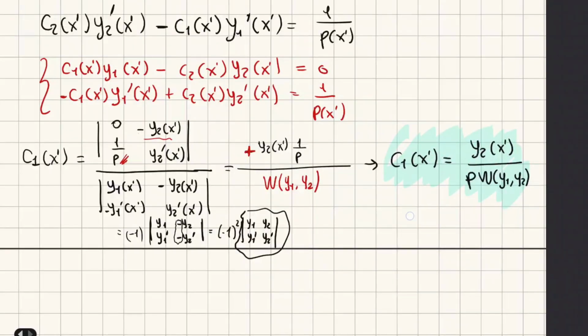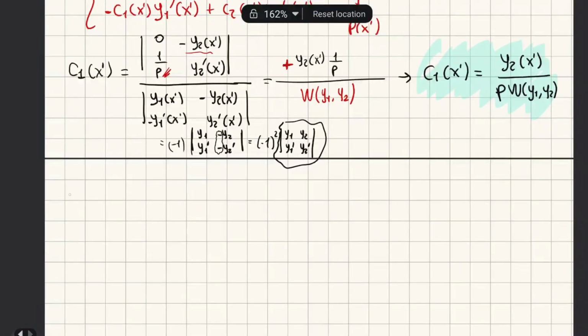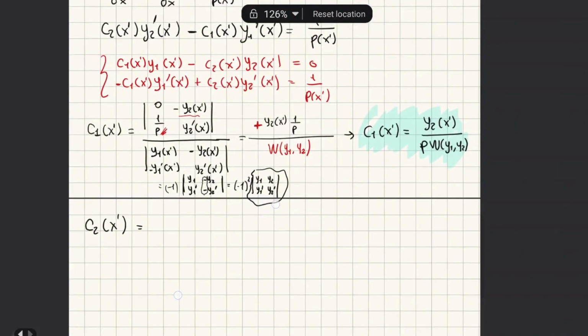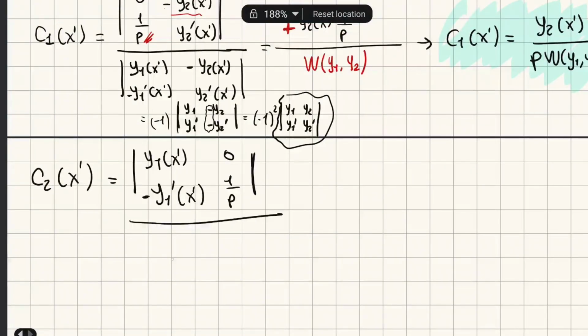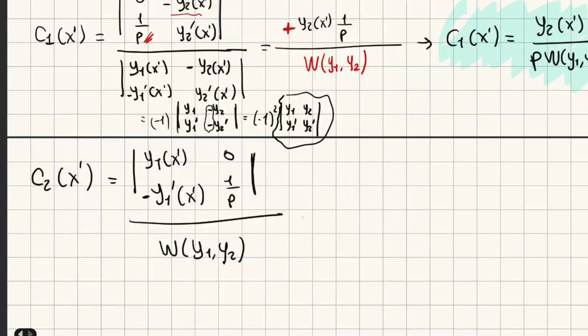And we are going to start to calculate c2 of x prime. So c2 of x prime is going to be the determinant with y1 of x prime, minus y1 prime of x prime, and then 0 and 1 divided by p, divided by this determinant, which we know is the Wronskian evaluated at y1 and y2.